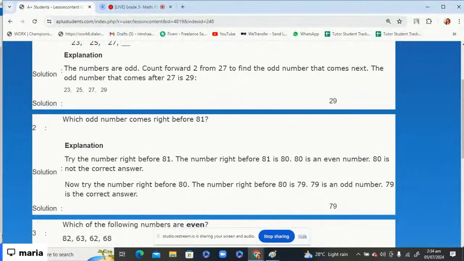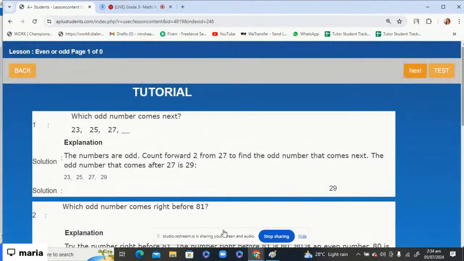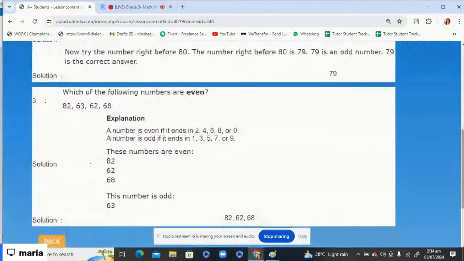Now let's do the test questions, or we can solve some of them. Which of the following numbers are even? If I write some numbers, you tell me which one is even and which one is odd.